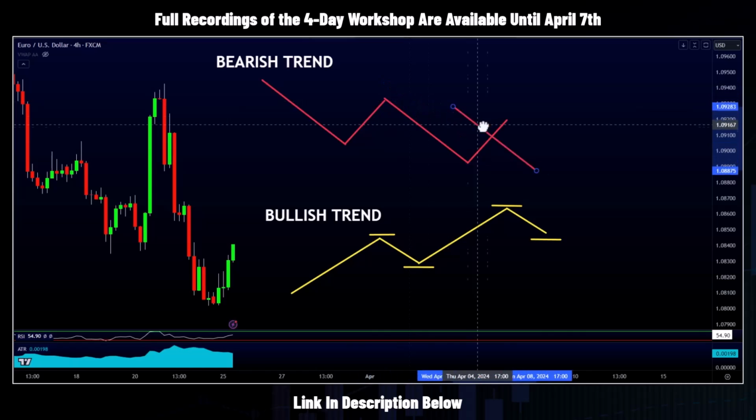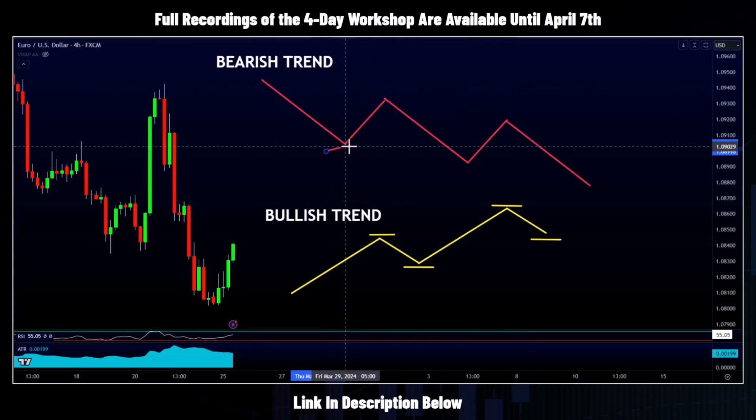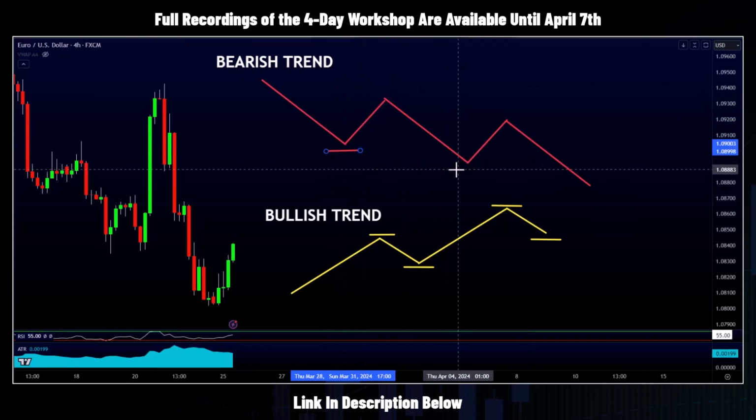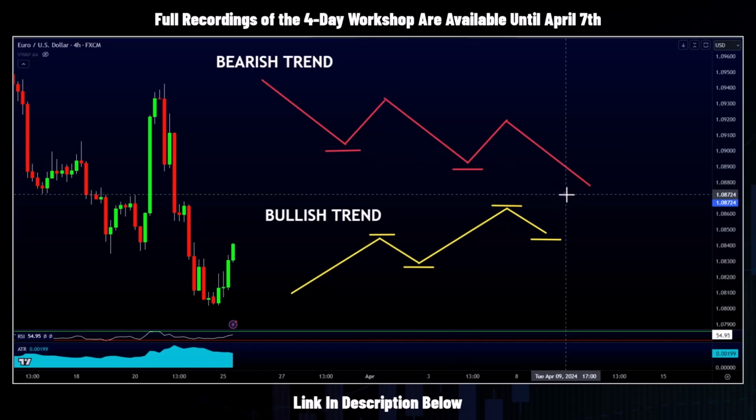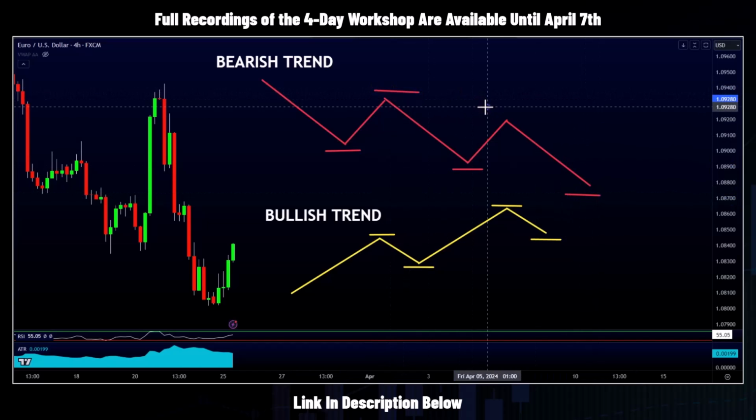Now, we're still going to have the same pattern as the bullish trend, but in the opposite direction. So in this case, our lows are getting lower consistently, and our highs are getting lower. Does that make sense, guys?